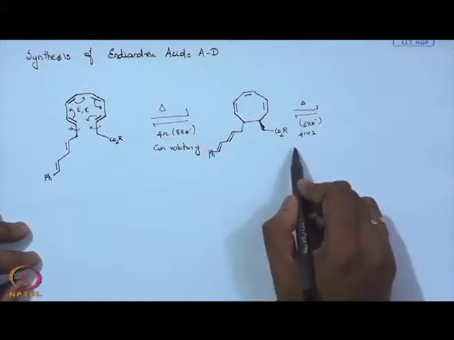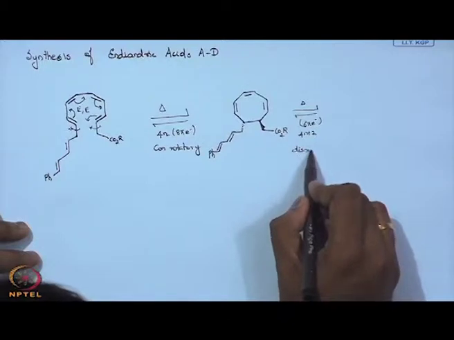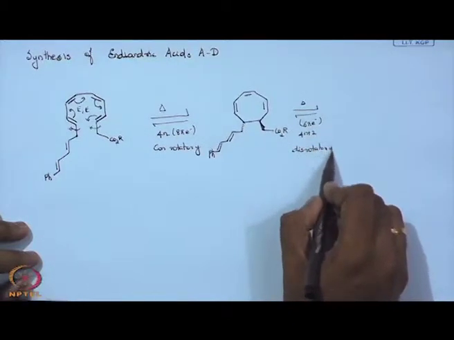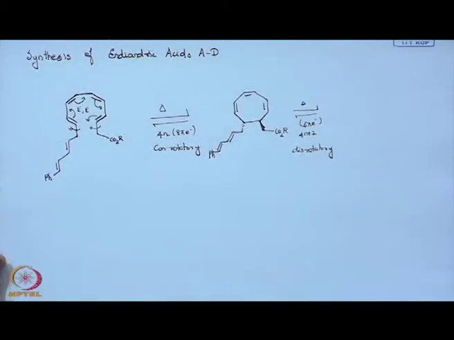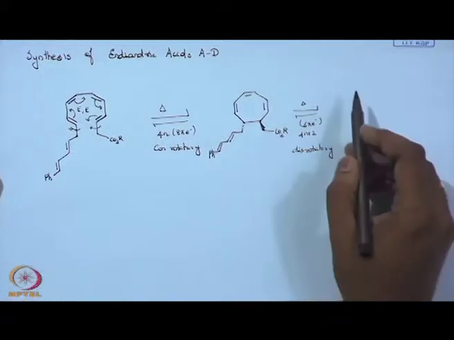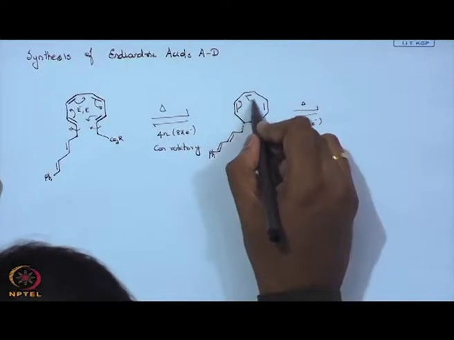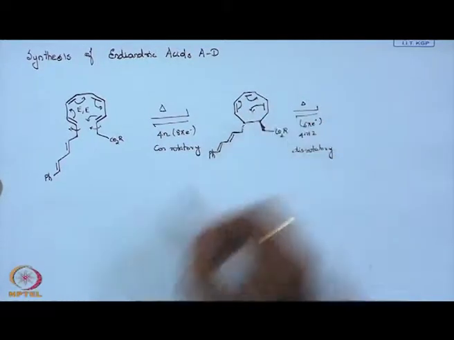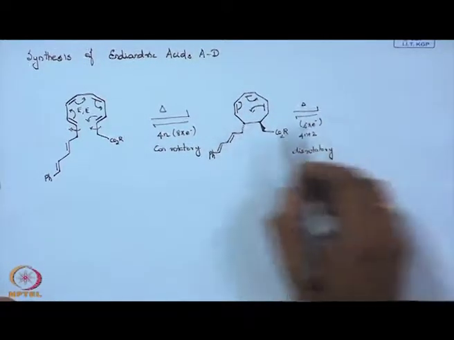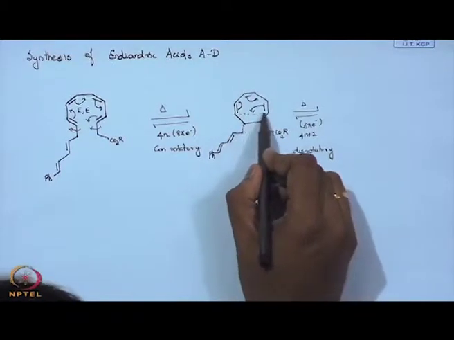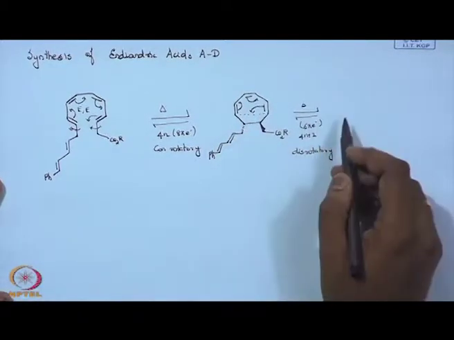Yes, it is disrotatory. Once you have a disrotatory mode, then you know how to cyclize this one. A cyclized system like this. If you want, you can put a bond here. So, you will get it like that.